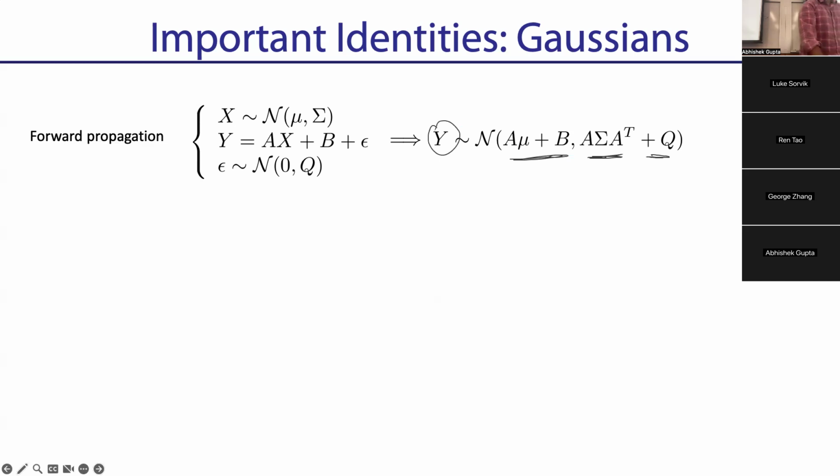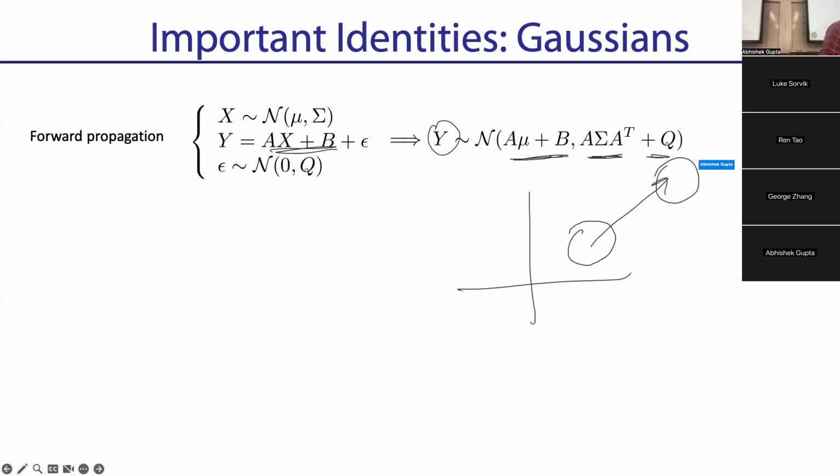Let's make sure we understand the intuition here. Let's say your ellipse for x was like this, and then y is a linear function of x, so you move things linearly to another spot and then add some extra noise. The mean is just shifted by A mu plus b.